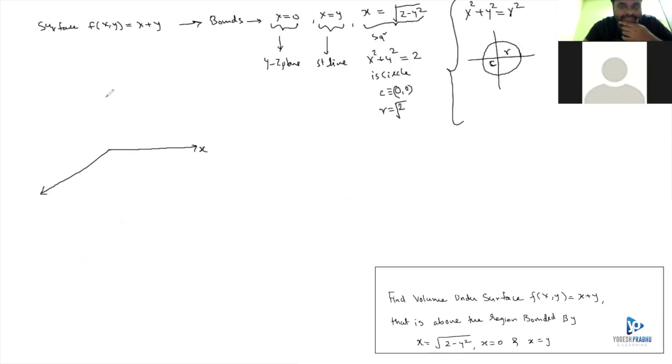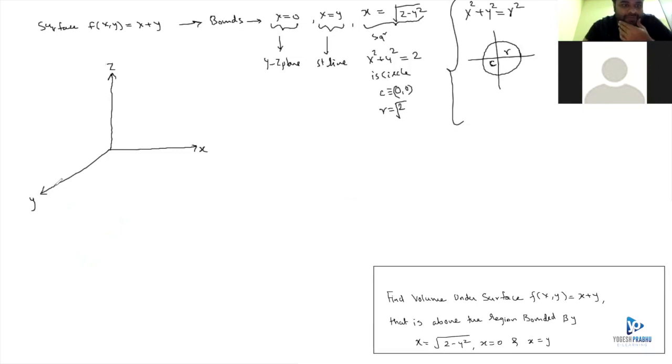I'm just thinking which way it will look nice. Let's take this as z and let's take this as y. So x equals 0 is yz. Yz would be here. That's yz, right?